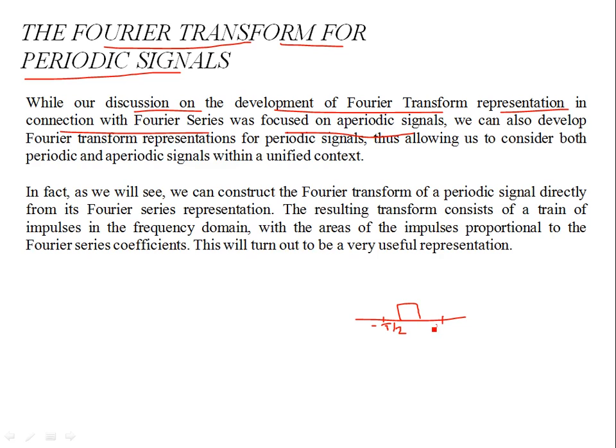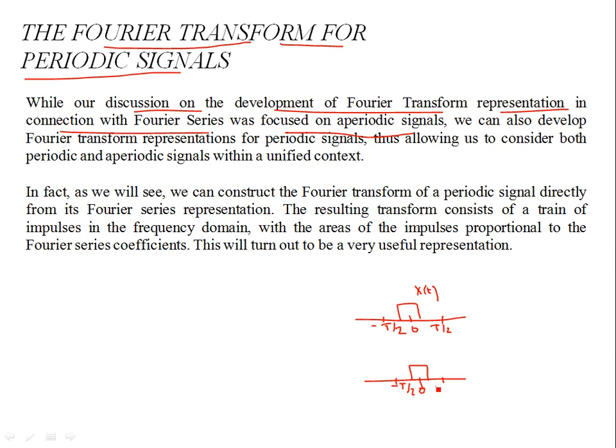This pulse was symmetric at 0, and we called this x(t). Then we considered another version, x tilde(t), which is the periodic version of x(t), repeating itself with the same period capital T.